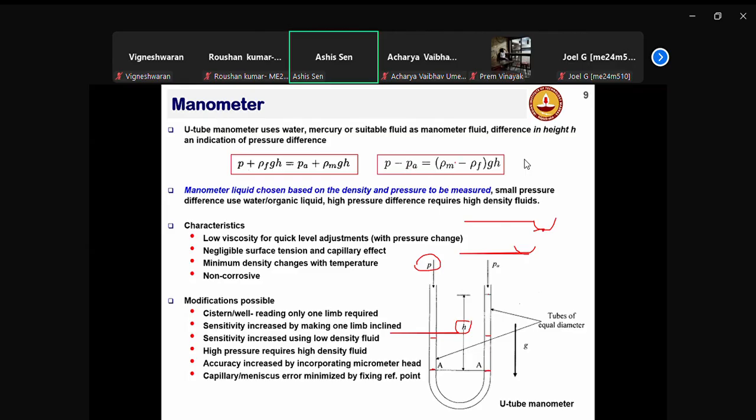That means it will be advisable for the h to be positive. You can even use rho_f less than rho_m. So basically, whether h is here or here, you can decide to use rho_m and rho_f.